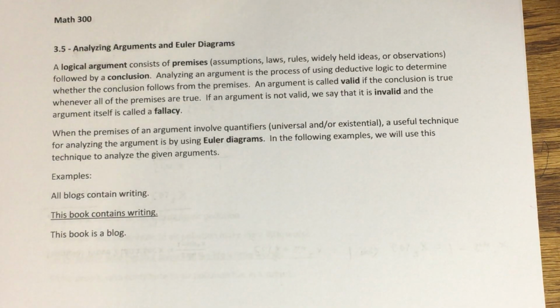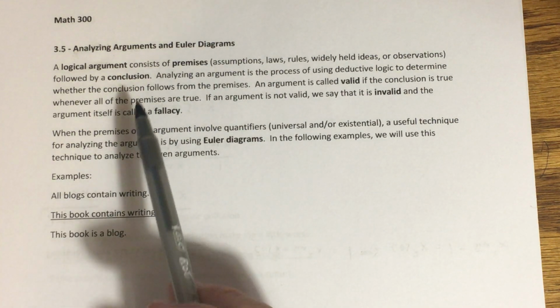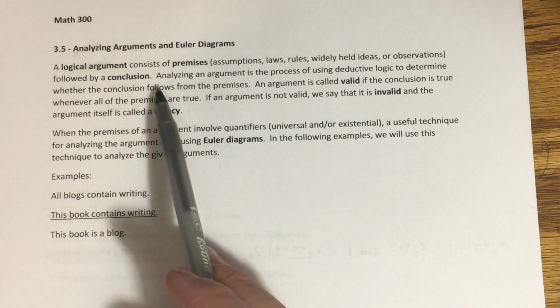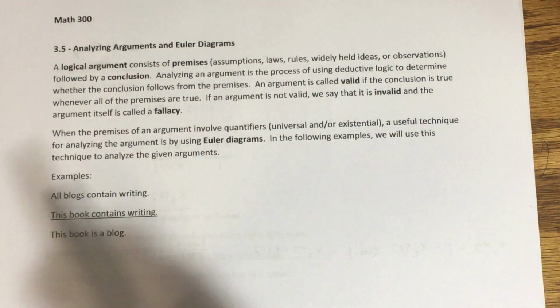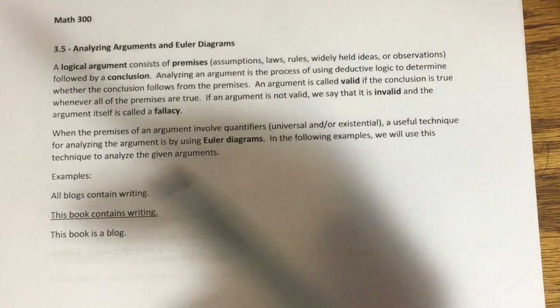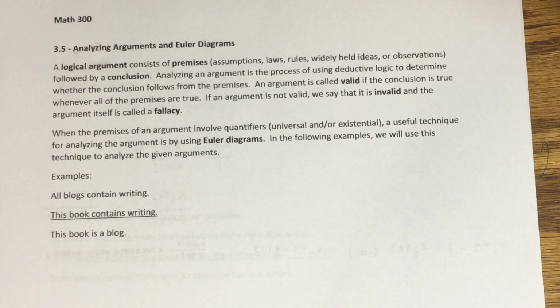When we analyze an argument, what we're doing is we're using logic to determine whether the conclusion in that argument actually follows from the premises. And what we mean by that is if the premises of an argument are all assumed to be true, then the conclusion should also be true as a consequence of those premises if the argument is valid.